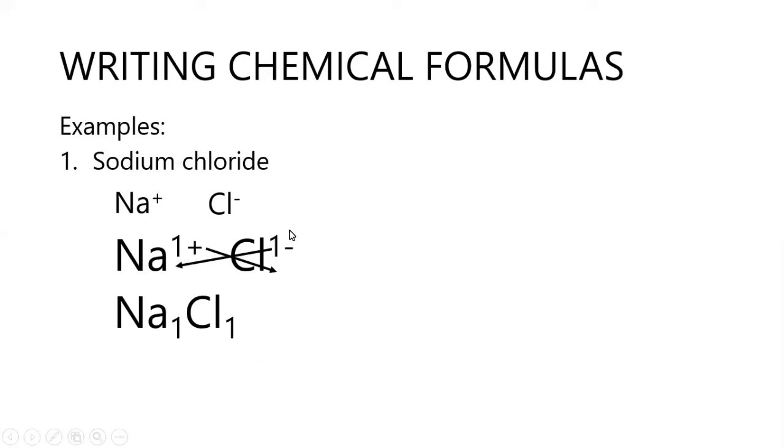Notice that nawala yung mga sign at natira lang yung number. And then, in chemistry, hindi na natin sinusulat yung 1, same as the rule with the algebra. That is just NaCl. So, sodium chloride has a chemical formula NaCl.